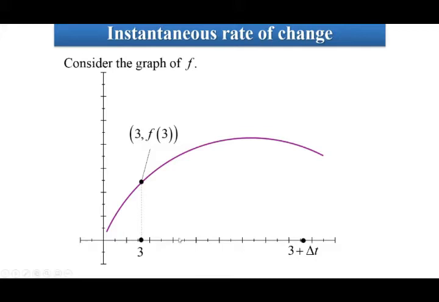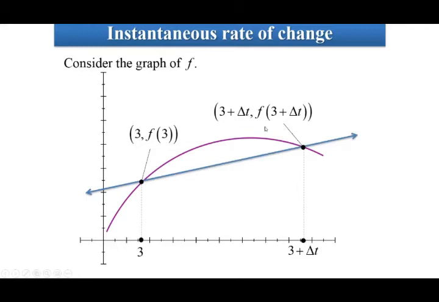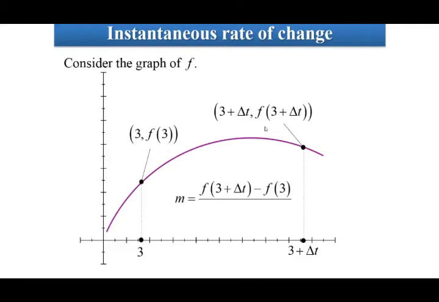Ito yung x-axis natin, dito yung time, so change in time. Kaya naging 3 plus delta t. Ang coordinate niya ngayon is 3 plus delta t and f of 3 plus delta t. So may line siya. Yung slope niya is equal to f of 3 plus delta t minus f of 3 over delta t.